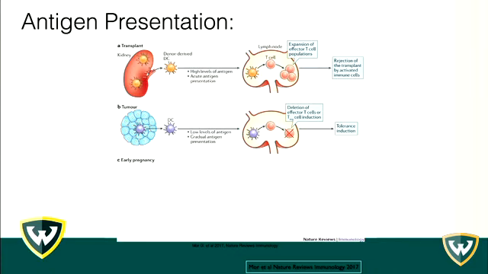The tumor, on the other hand, never starts at the size of a kidney. The tumor starts with very few cells. And as the tumor progresses, it starts secreting or releasing what we call tumor antigens. Those tumor antigens are recognized by dendritic cells of the host. When the dendritic cells recognize a small amount of antigens, they take those antigens and go to the same lymph nodes, but because the quantity is small, and those are host dendritic cells, they will present to the T cells.